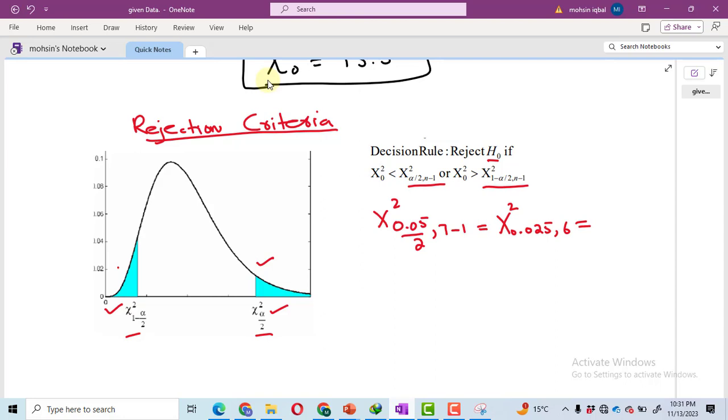I will also write the other one: chi-square 1 minus alpha by 2, which is 0.975 comma 6. Let's go to the table and pick these two values.